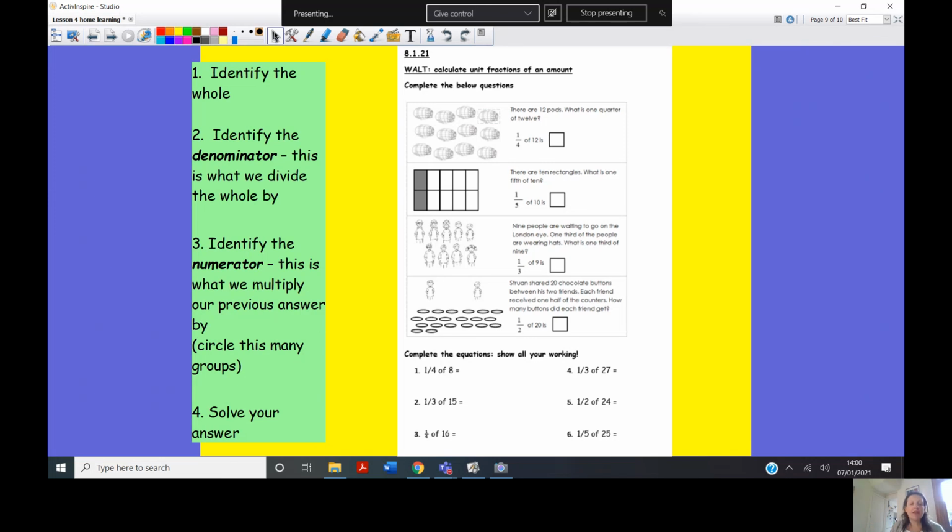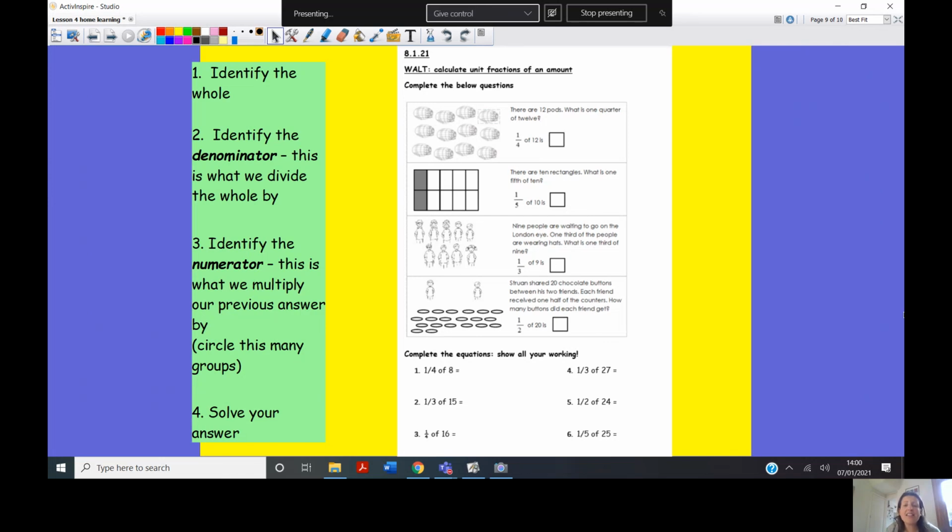This is circling how many groups we need. Today's questions are all going to be 1. It's only going to be a unit fraction, not 2/3, not 4/5. It's going to be 1/3, 1/5. And then this will give you your answer.